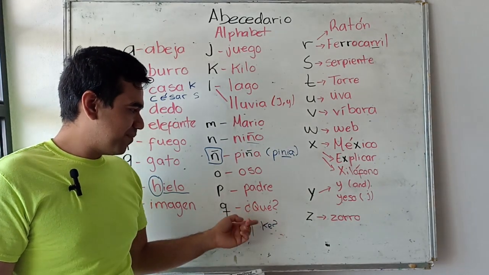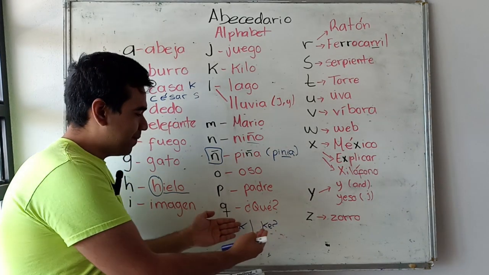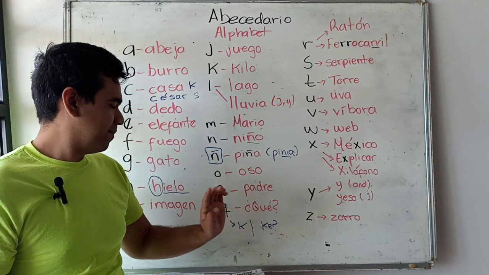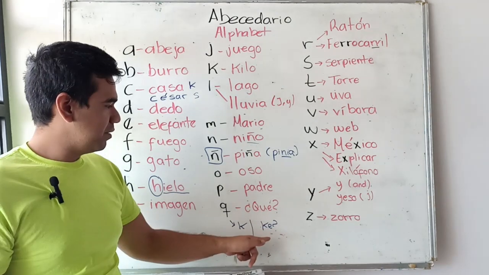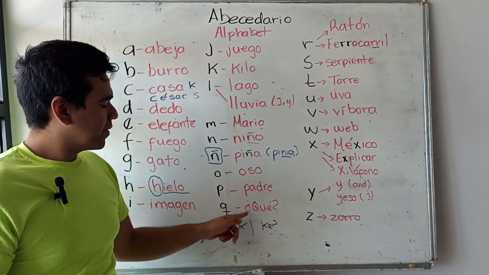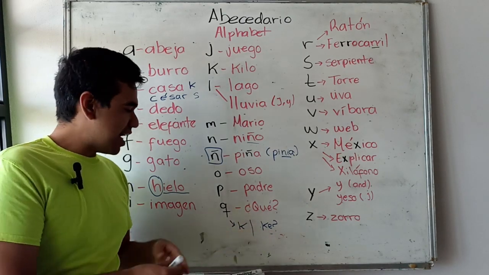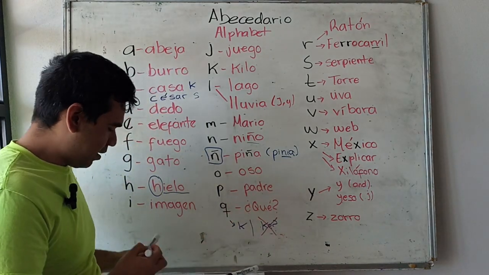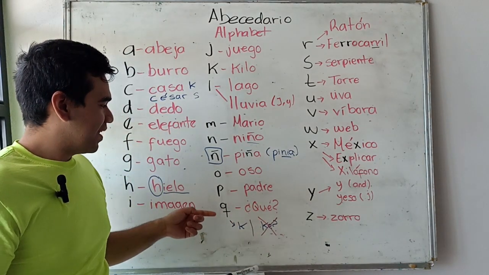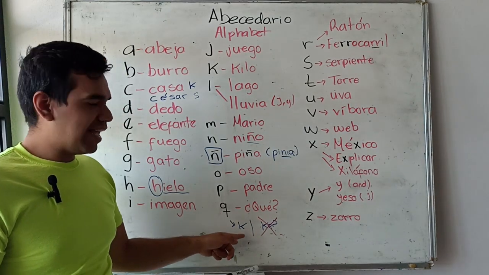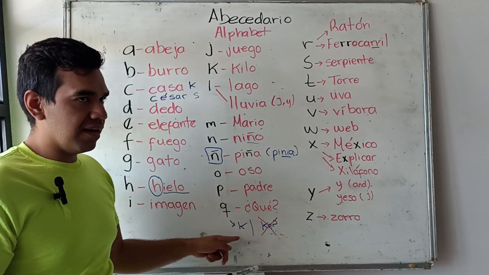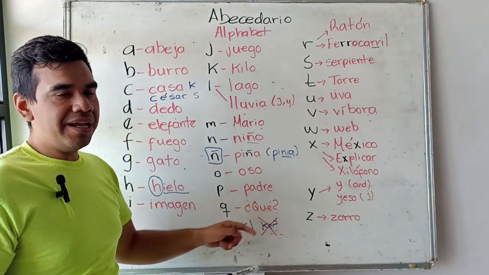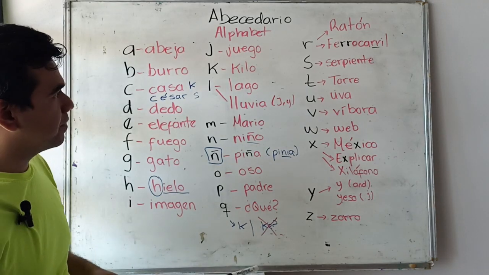Instead of writing que well, they write "ke", using the letter K and the letter E and the question symbol. But this is not right. This is wrong. If you are gonna learn, please learn well. So Q sounds like K. Then K. Okay, we almost finished.